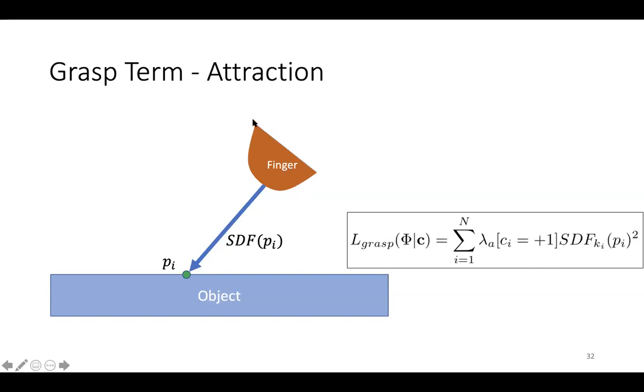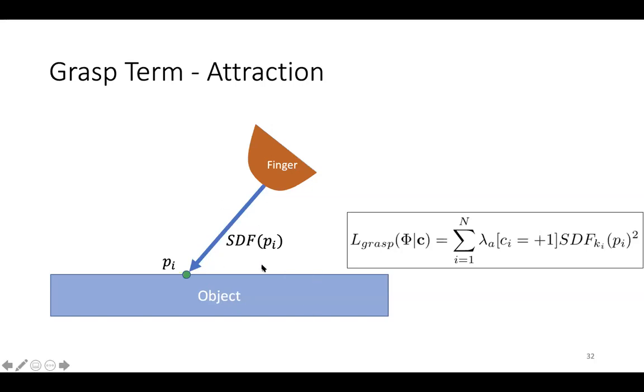The location of each point on the surface of the hand is a differentiable function of those 26 different hand parameters. And the distance of the object point to that location on the finger is also a differentiable function. So you actually have this differentiable chain from this attractive cost function to the parameters of the hand, and you can use that to optimize the parameters of the hand.